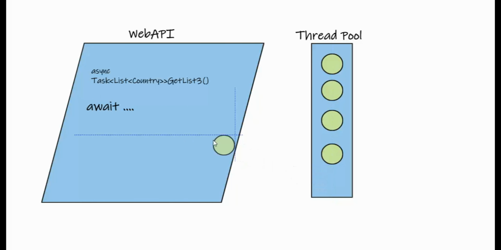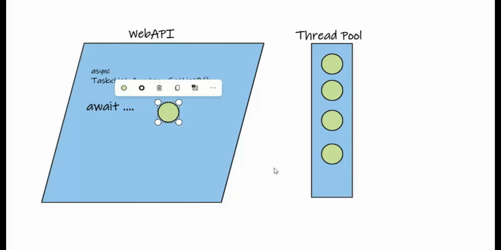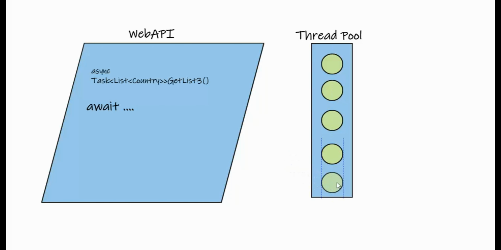It will take this one and then reassign it. This thread will then finish up what it was doing, and as it pops off, this thread will go back to the thread pool to keep working. And that is the way the await works. The await gives the thread back to the thread pool, does its work, and then continues when this is all finished.